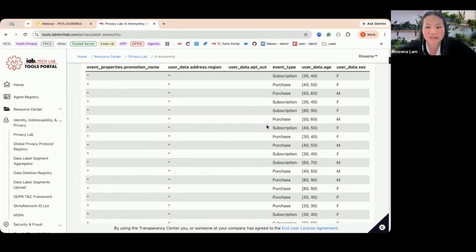Generally, if you took a closer look at it, you can see that subscription events skew towards the 30 to 40 female segment as an example. So you can run more of these aggregate analyses. And the key thing here is that you can't re-identify any individual in the data set.